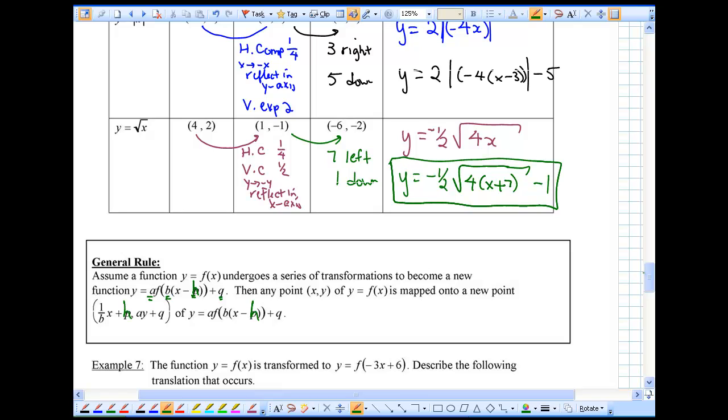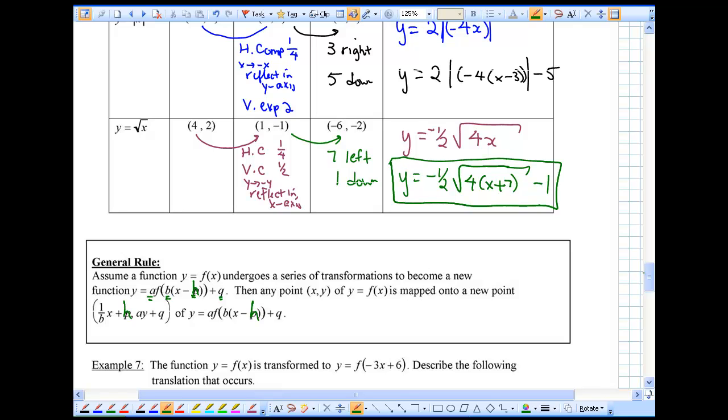Well, then any point x, y on the original graph is mapped onto the new point, and notice what happens. That b value is that factor, so it's 1 over b. It affects x, okay? And the h is the parameter that shifts it left or right, so that affects the x as well. That's why the b and the h correspond with the x.